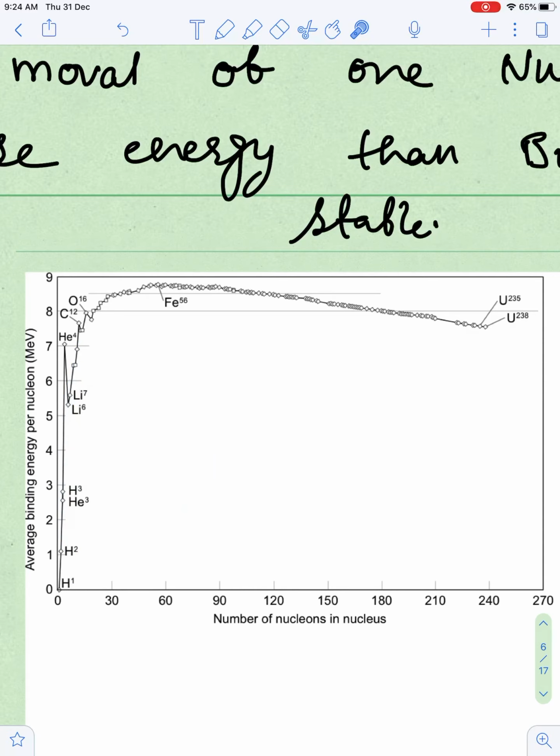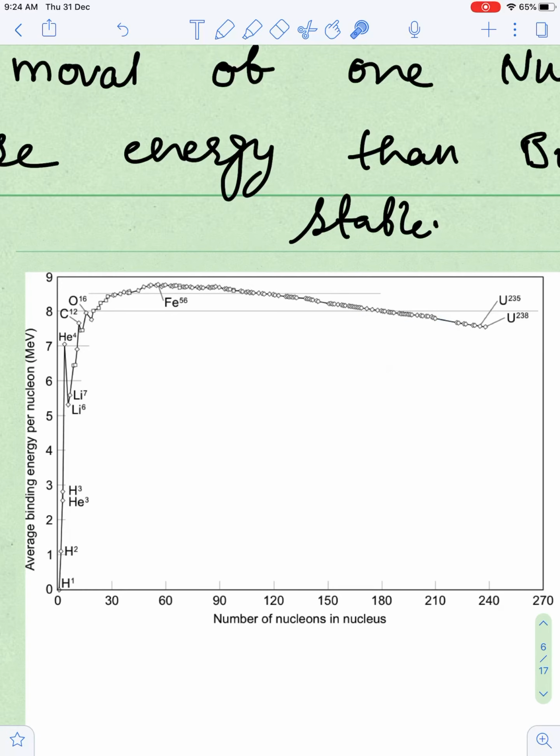But heavier nuclei like uranium 92 238 break into smaller parts like barium and krypton to obtain this stable configuration, and that is why nuclear fission takes place in this region. This is the reason for nuclear fission and fusion.